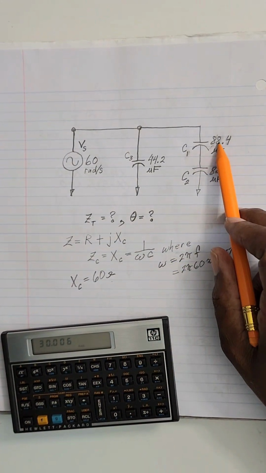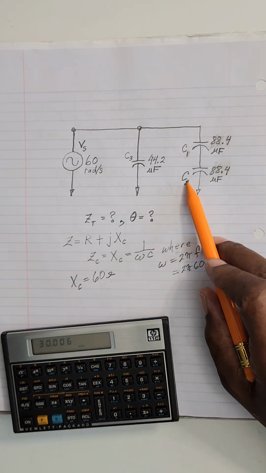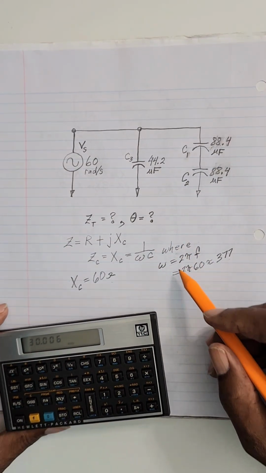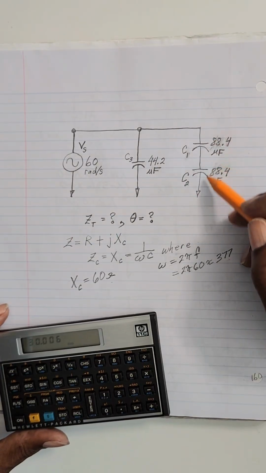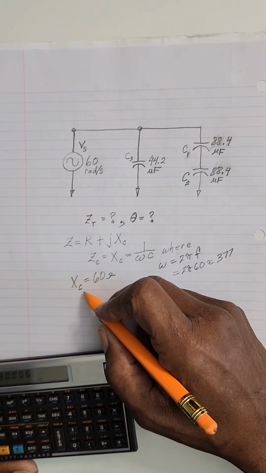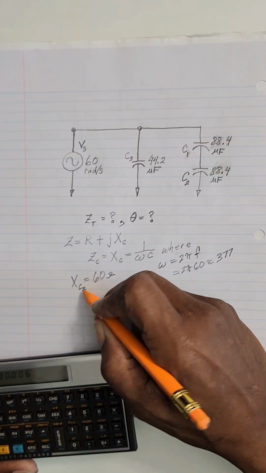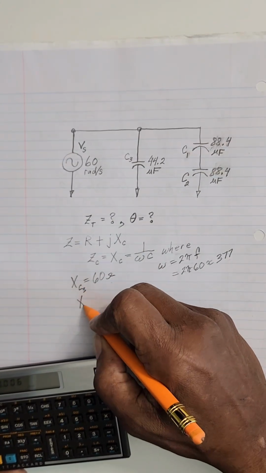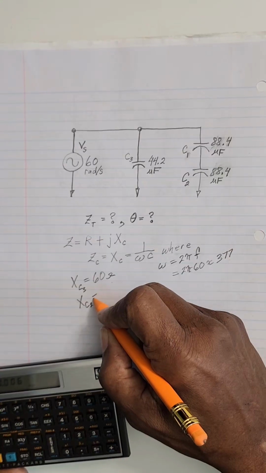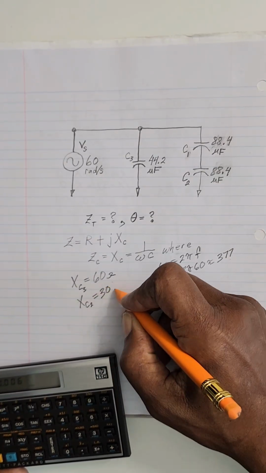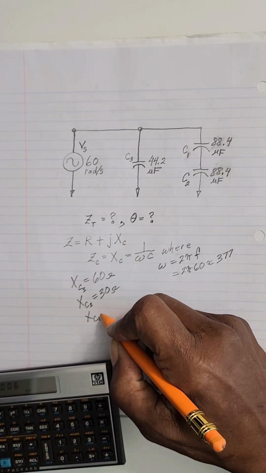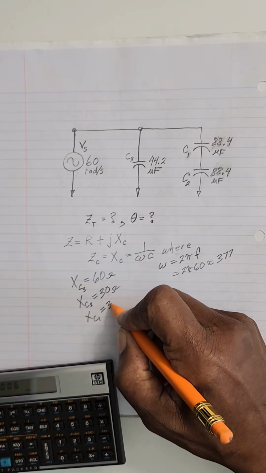So since these are both the exact same value, C1 and C2, the capacitive reactance for both of those are going to be 30 ohms. This will be X sub C for C3, and then we got X sub C2 would be equal to 30 ohms, and obviously X sub C1 would be also 30 ohms.